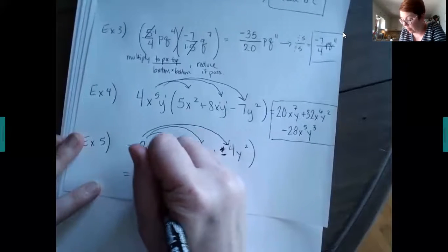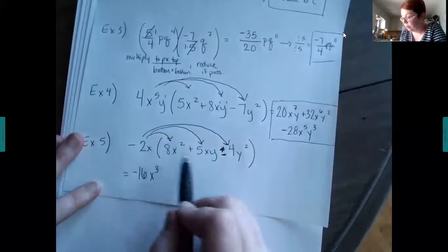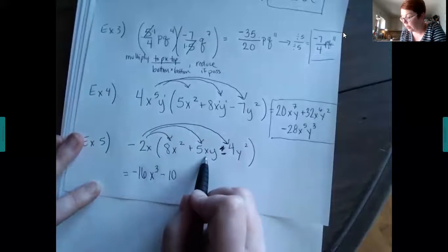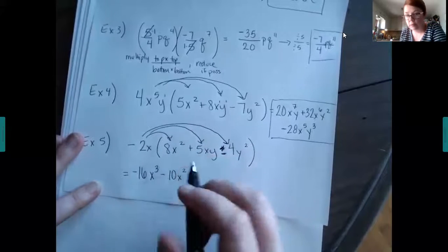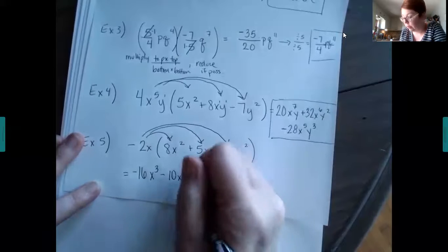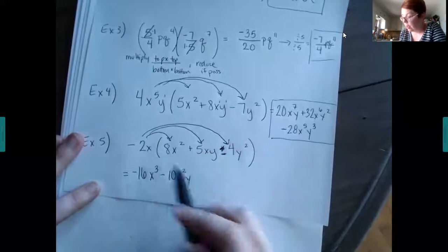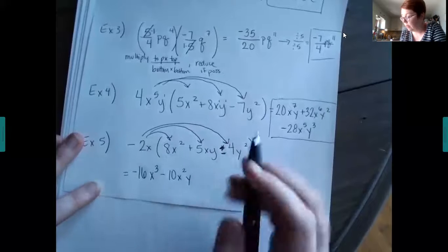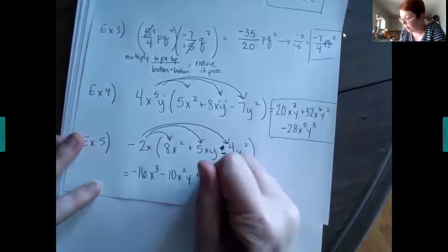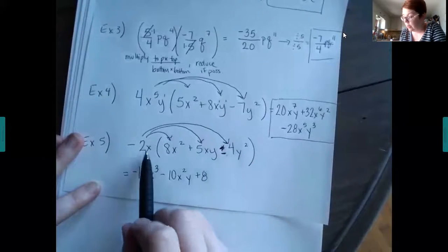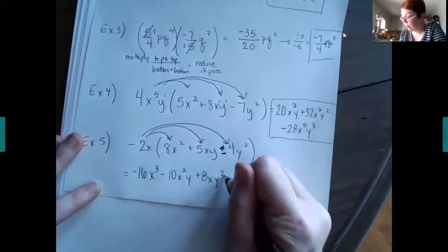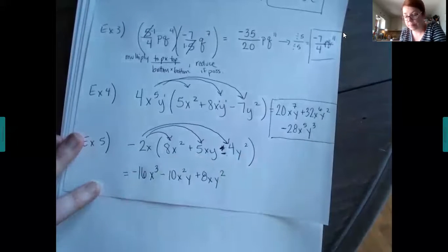Combine our x's together. -2 times 5 is a -10. Combine our x's together. And that still has a y. I changed this just to remind ourselves that a negative times a negative turns into a positive 8. And no x, and that y squared. Okay.